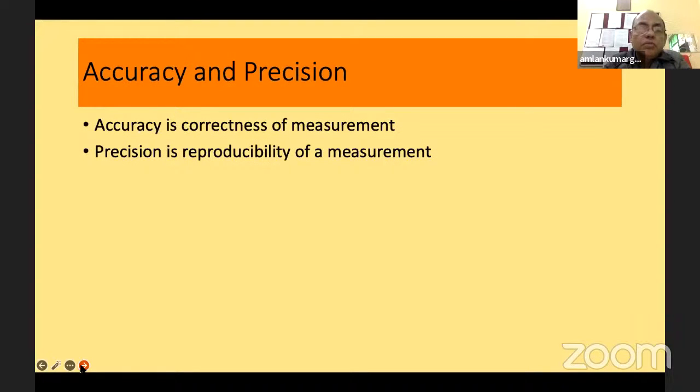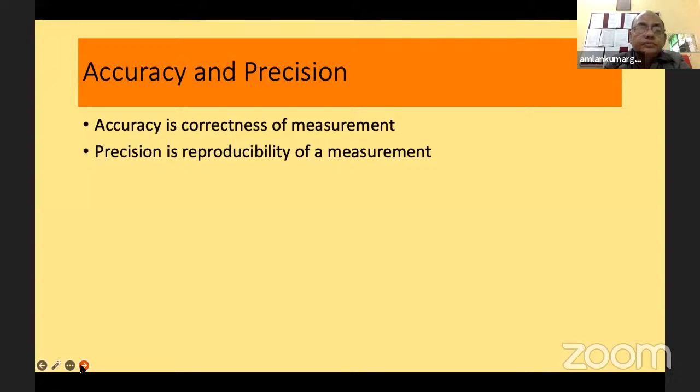And finally, whatever results you get, you have to be very accurate and precise both. Accuracy is correctness of measurement, and precision is reproducibility of measurement.